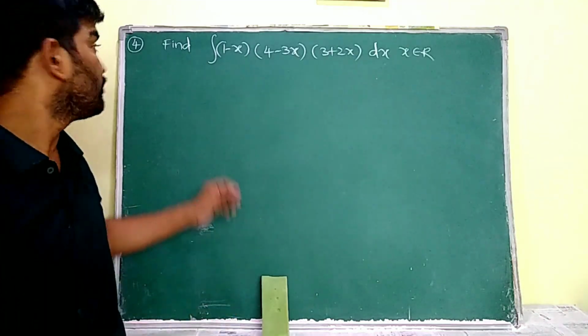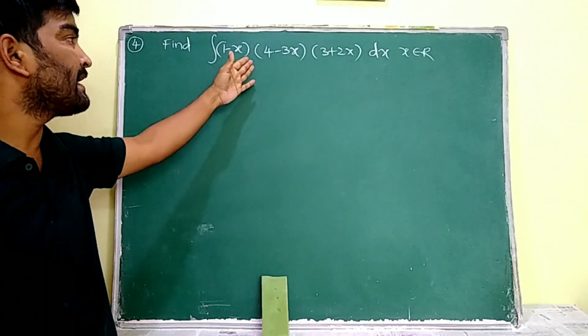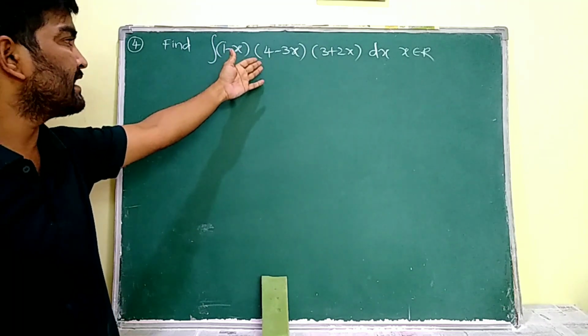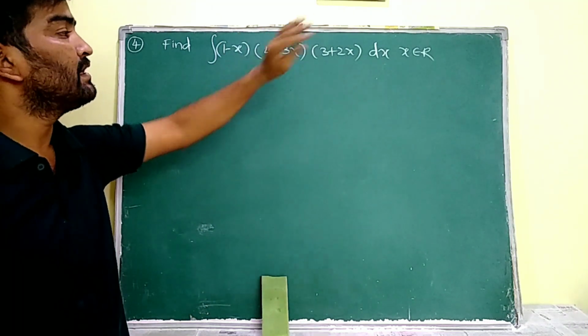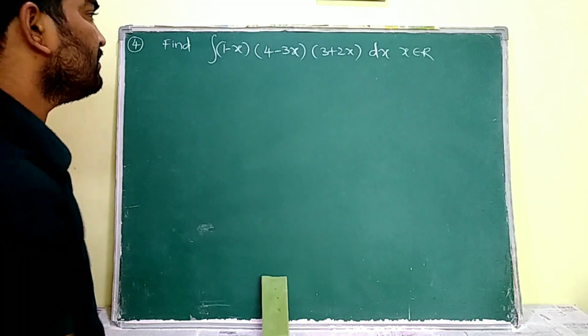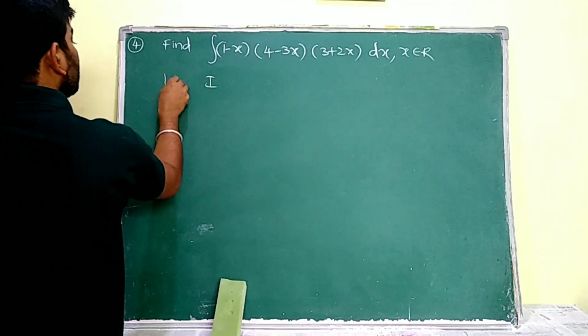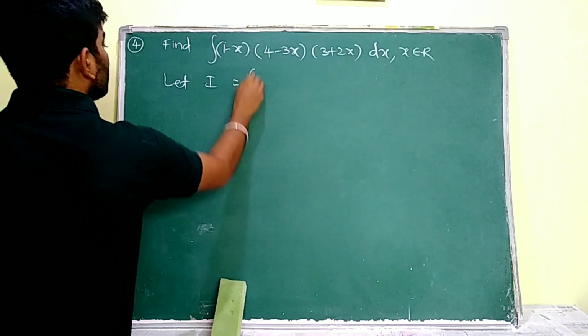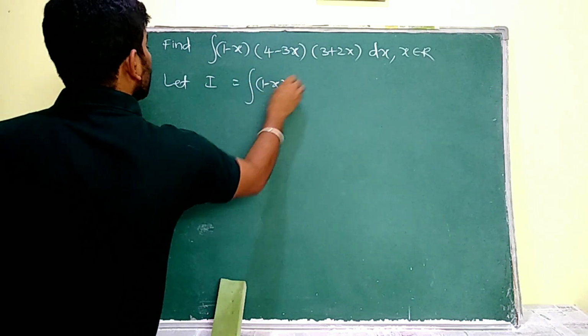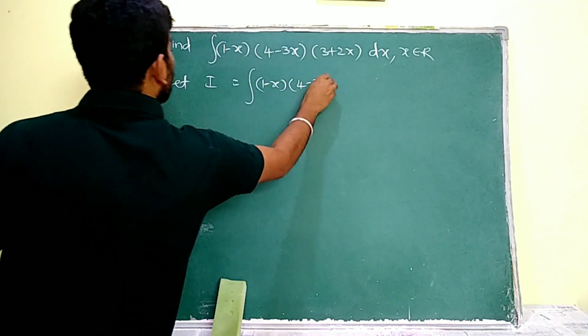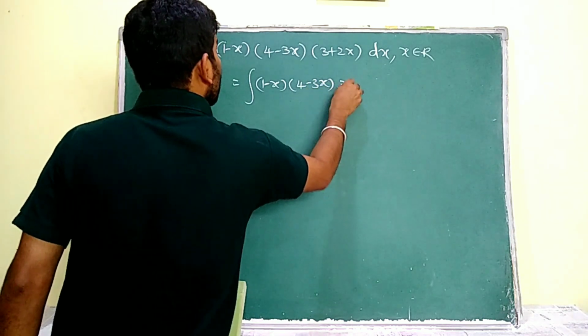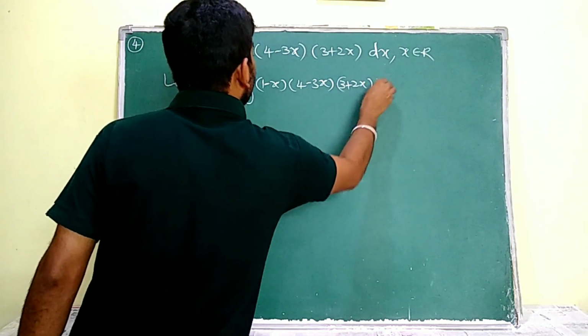Question number 4. Find the integral of (1 minus x) into (4 minus 3x) into (3 plus 2x) dx, x belongs to R. To solve this problem, firstly we assume that I is equal to the integral of (1 minus x) into (4 minus 3x) into (3 plus 2x) whole dx.